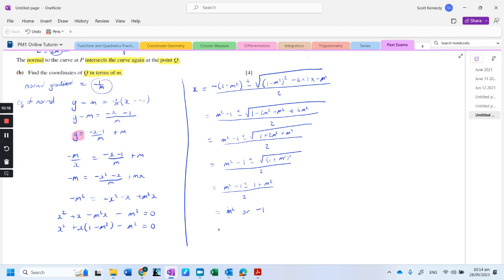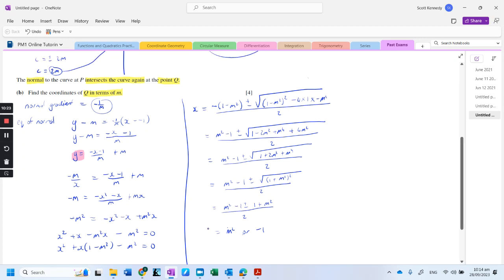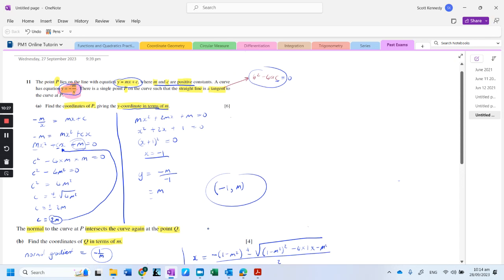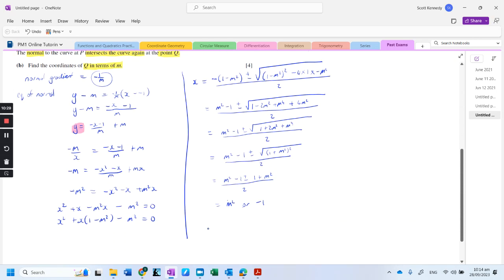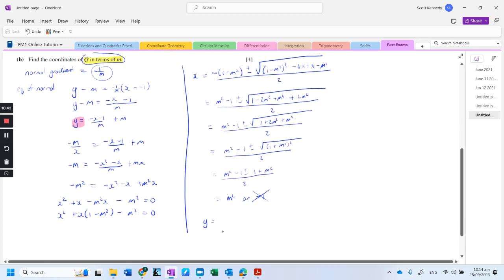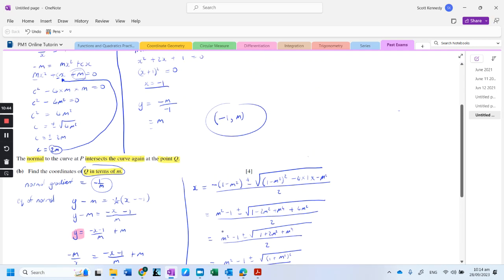All right. And then we can find our y values. Let's just go back to this. So the y values, in terms of m, so maybe we're to ignore this one. Now we can say y is equal to, now it's on the curve, isn't it?